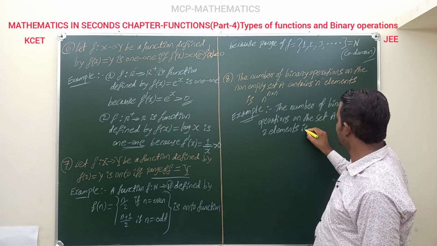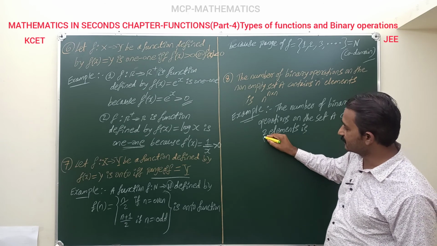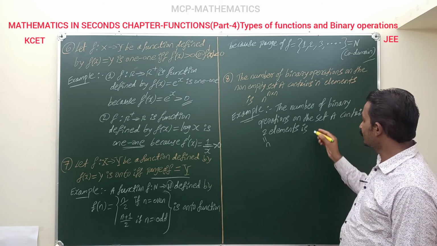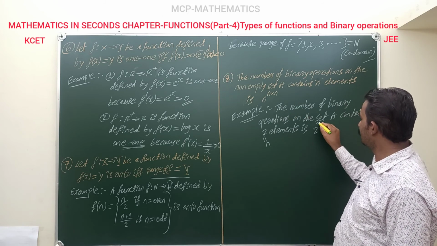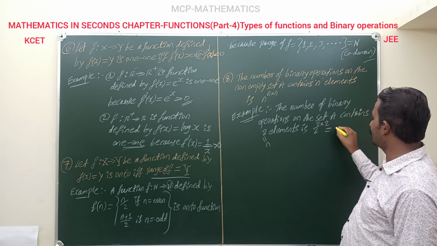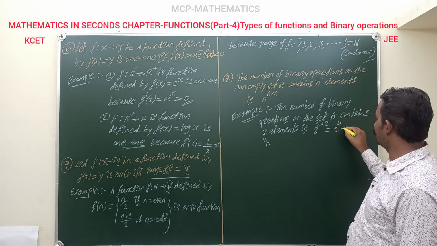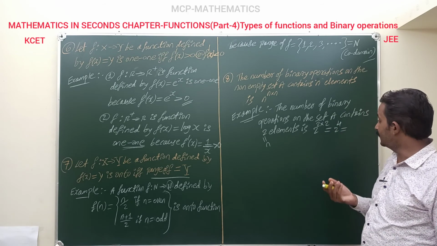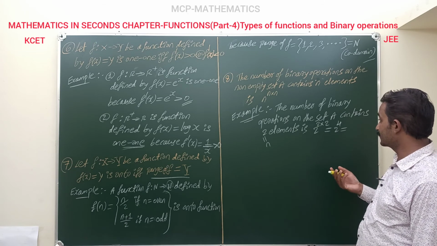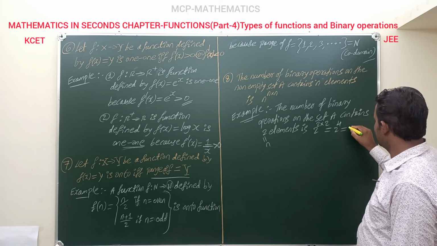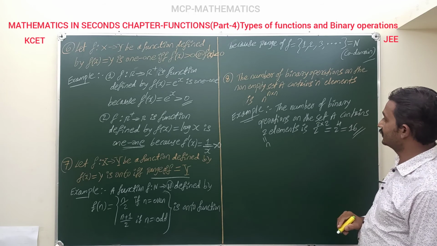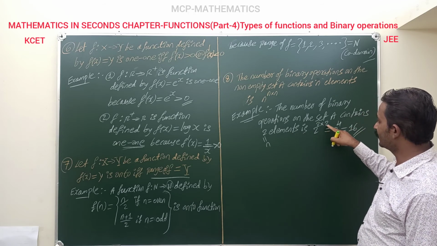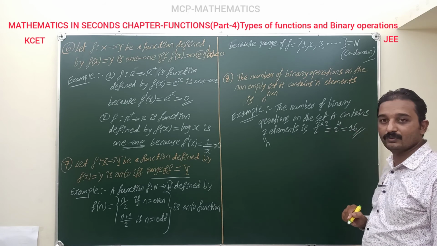Here n is equal to 2, so 2 power 2 into 2, which is 2 power 4, since 2 times 2 is 4. 2 to the power 4 is 2 times 2 is 4, 4 times 2 is 8, 8 times 2 is 16. So the number of binary operations on a set containing 2 elements is 2 to the power of 2 into 2, 2 to the power of 4, which is equal to 16.